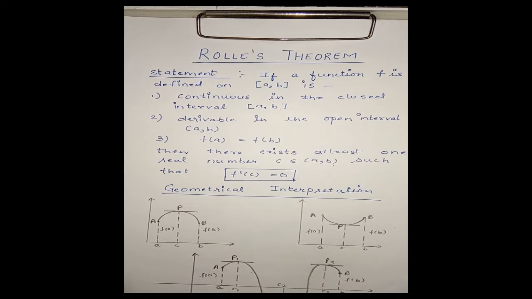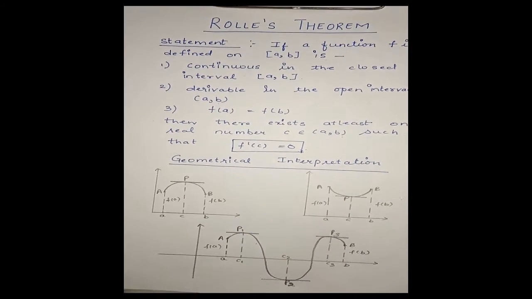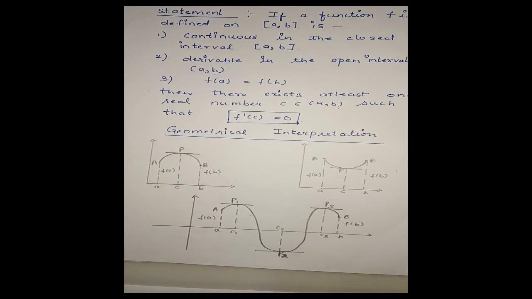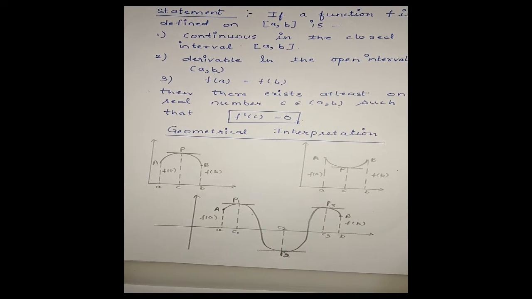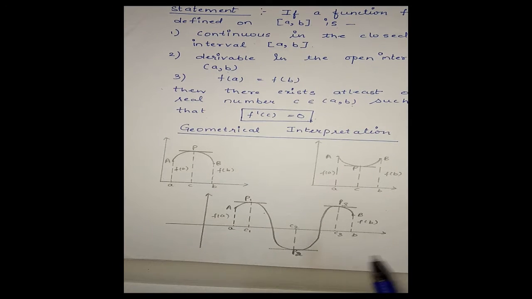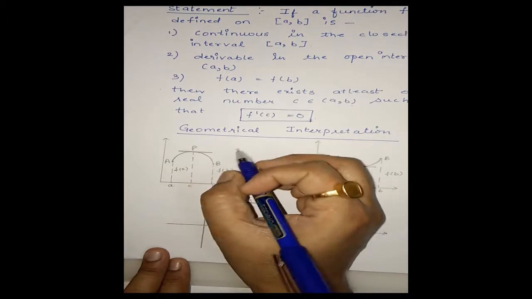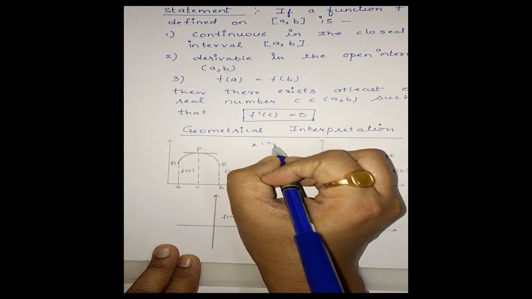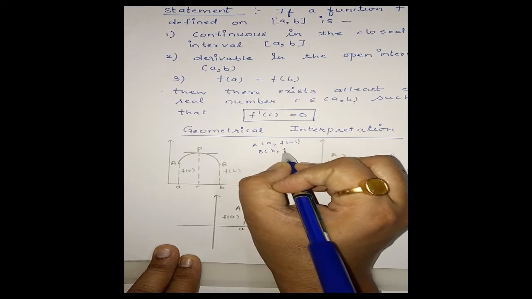Now let us understand this theorem with the help of graphs. This is the geometrical interpretation. We have these three graphs. Let A and B be the points on the graph corresponding to a and b, that is, A is the point (a, f(a)) and B is the point (b, f(b)).